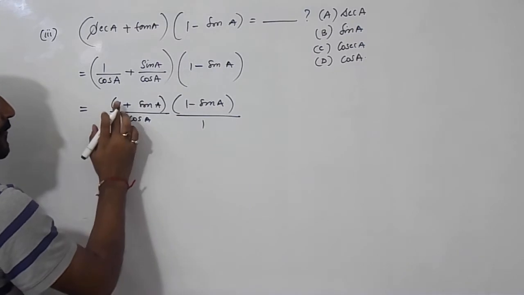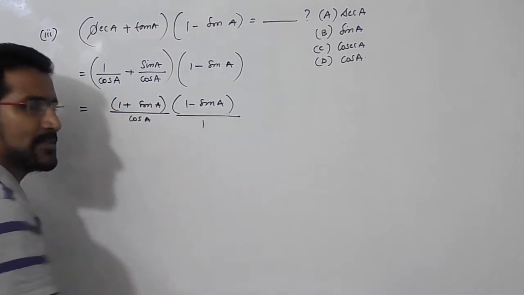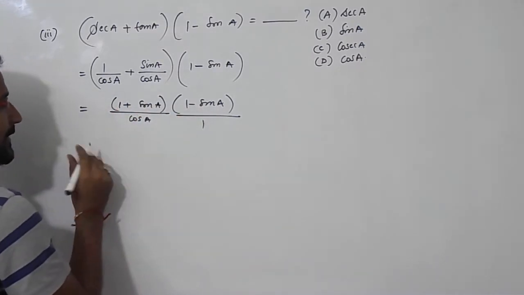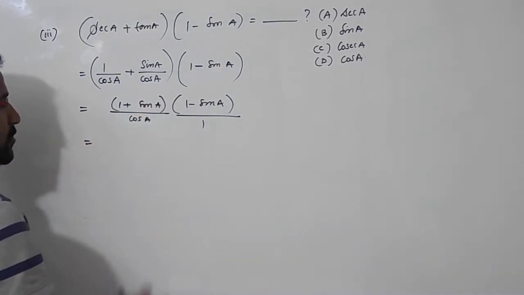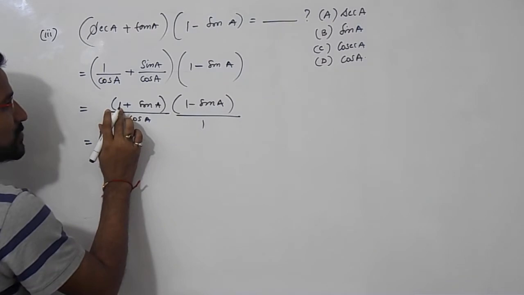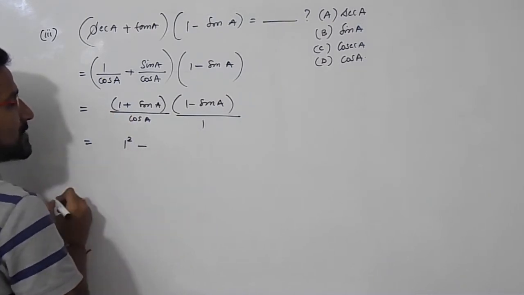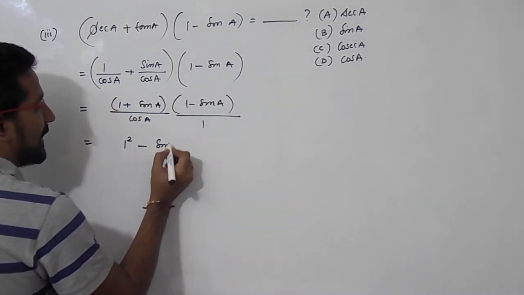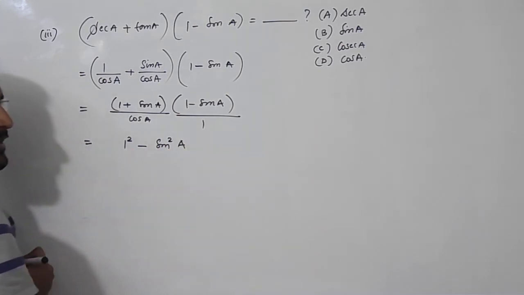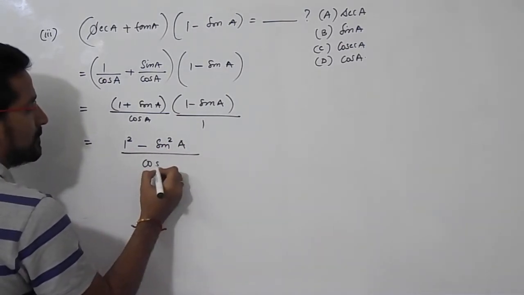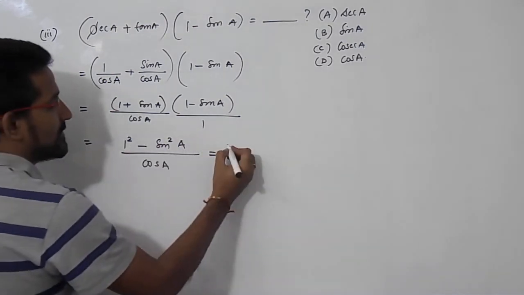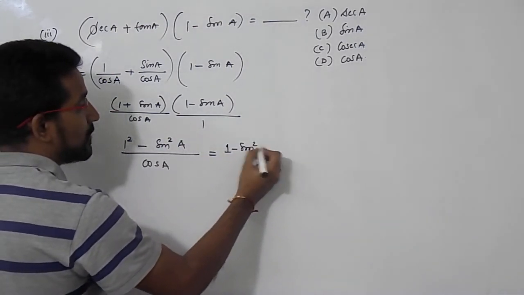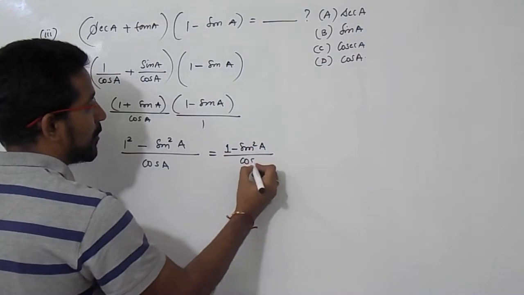That is in the format of A plus B, A minus B. And we know the identity A plus B, A minus B is A square minus B square. So A here is 1, so 1 square minus B square. B square, that is sin square A, divided by cosA. Now 1 square is nothing but 1, so 1 minus sin square A divided by cosA.